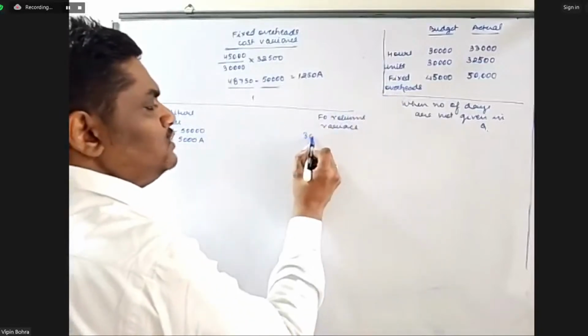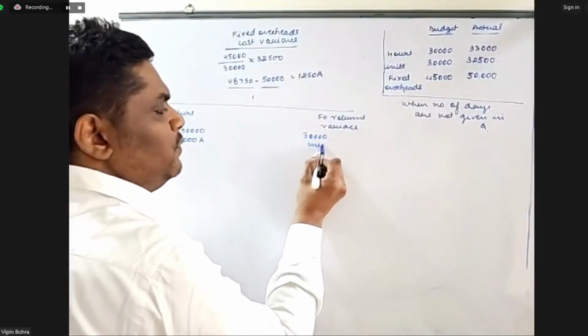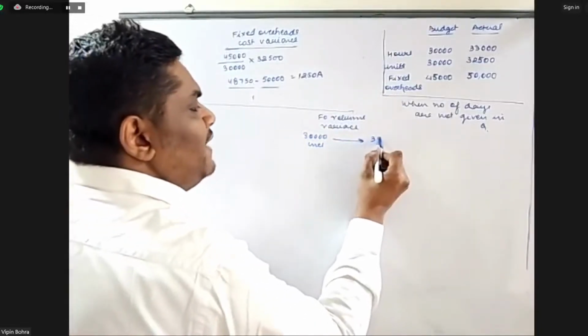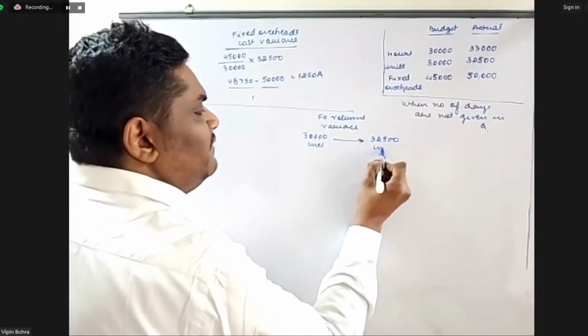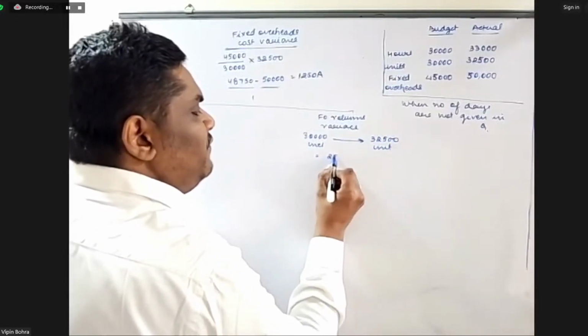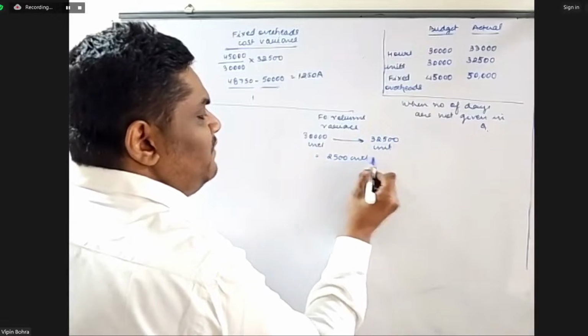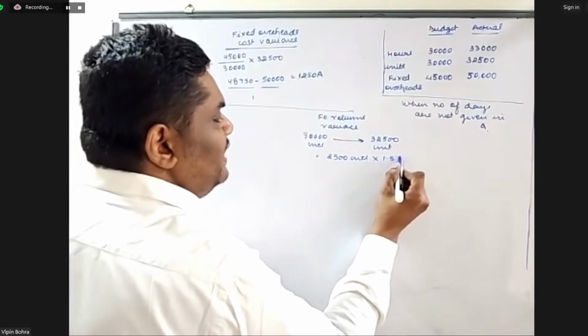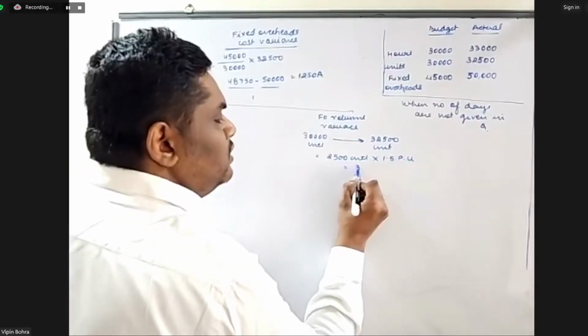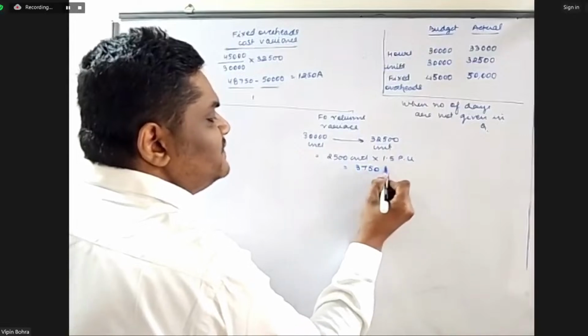Again, no change, 30,000 units we were supposed to manufacture. We actually manufactured 32,500 units, 2,500 units extra into the rate per unit, that is 1.5 per unit. So this will be 3,750 favorable.